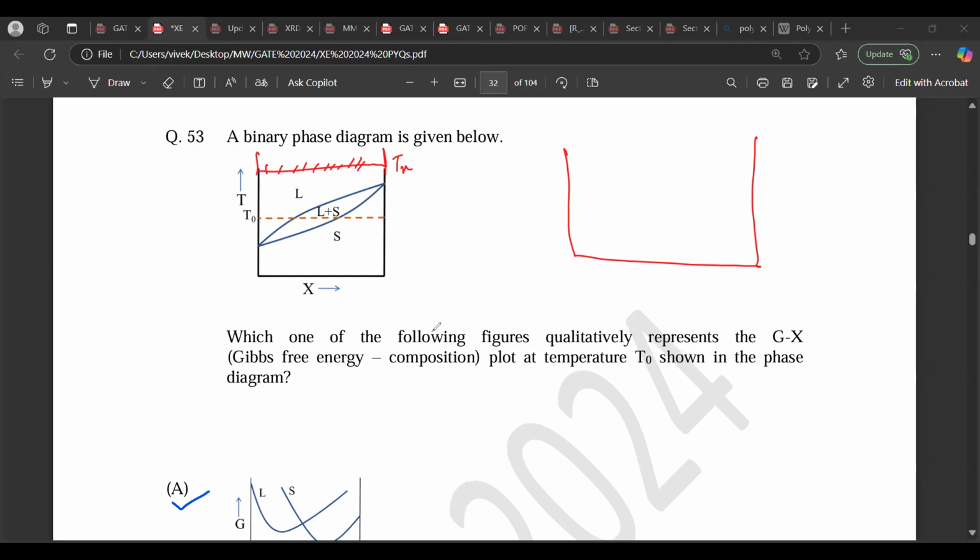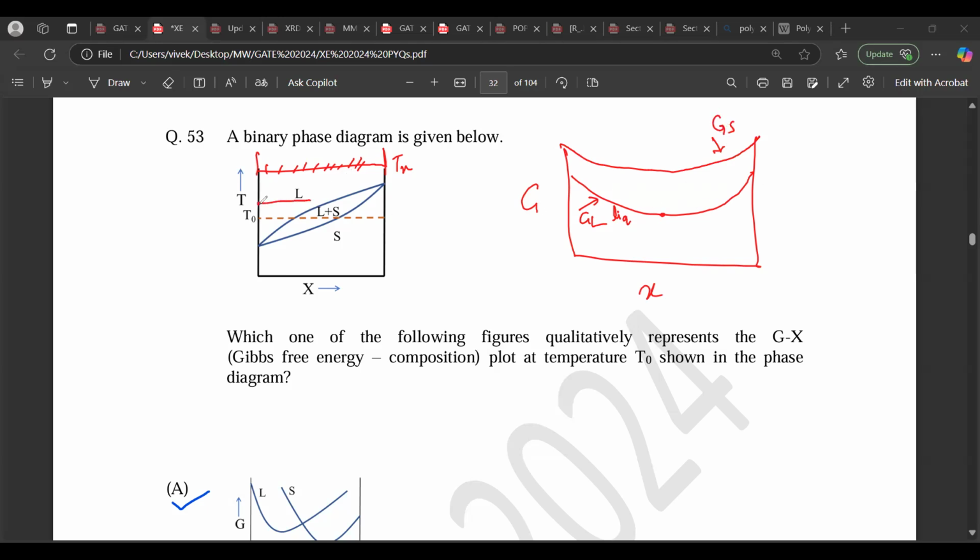So in that case, my liquid G value, this is my G and this is my X. X is my composition, weight percent or mole percent, fraction. Across all the composition, this is my liquid curve, which I denote by the GL curve. My GL is always lower than G solid, and that is why everywhere my liquid is stable.